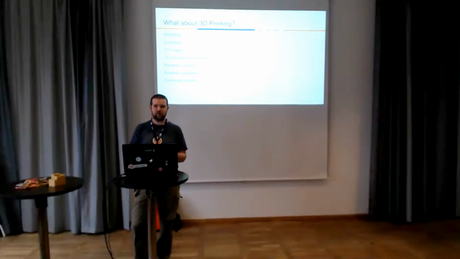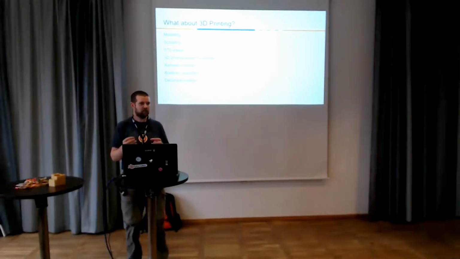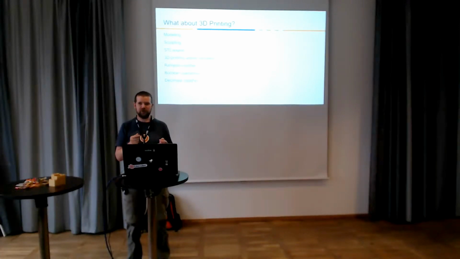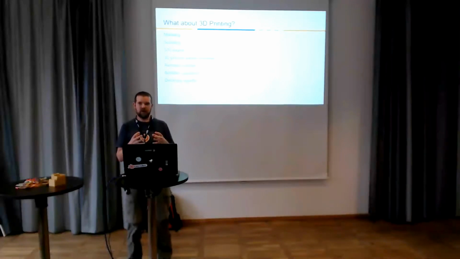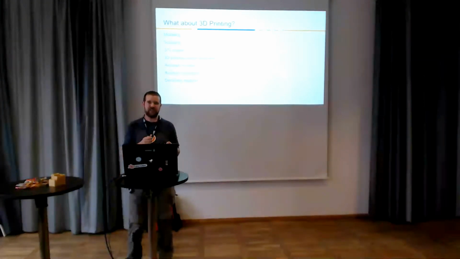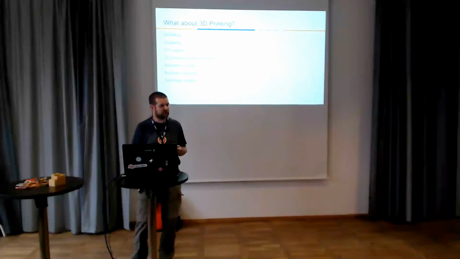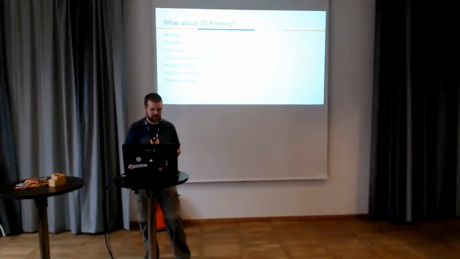If you have a model with too many polygons, tiny details, you may want to use the decimate modifier. You can reduce the number of polygons so the model will be easier to work with while still keeping the shape of the model. And it does a very good job preserving details while still reducing the number of polygons. I will show that later.